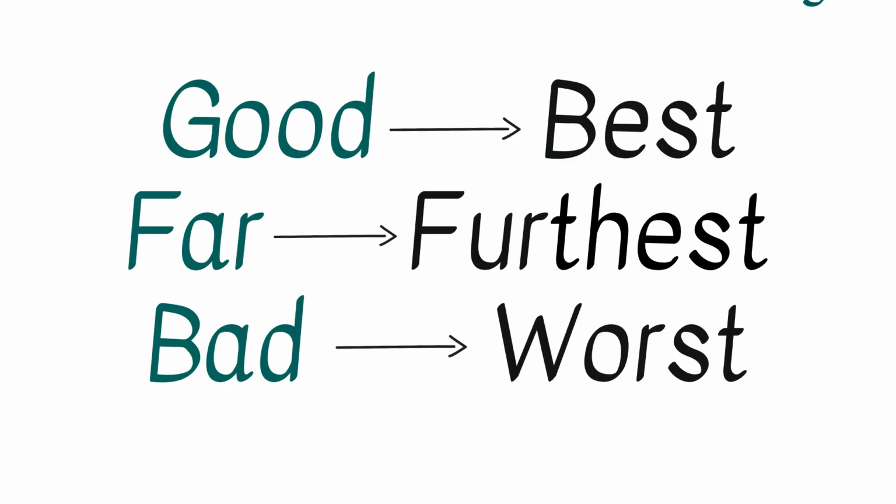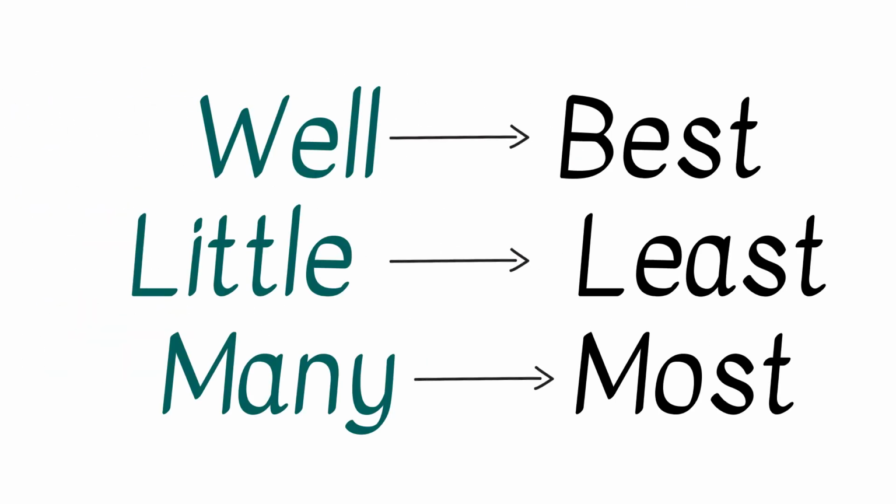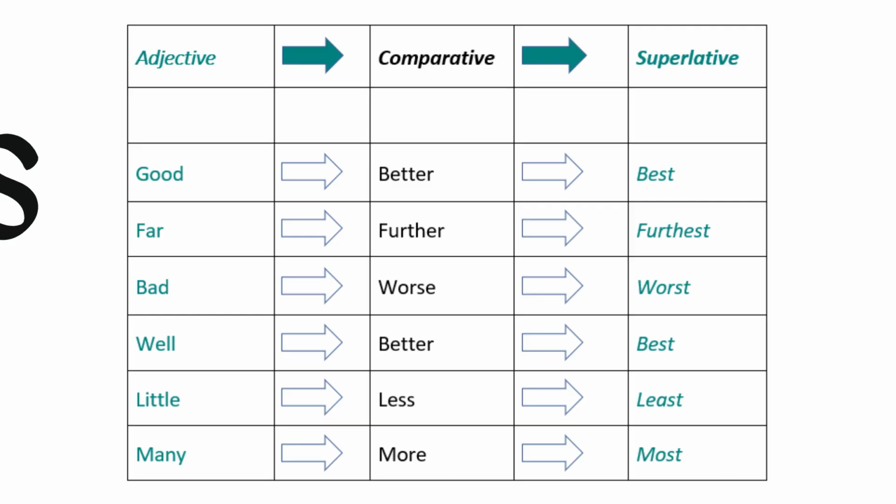Bad becomes worst. Well becomes best. Little becomes least. Many becomes most. Here they are with their comparative adjectives. Pause here if you want to take notes or a screenshot.